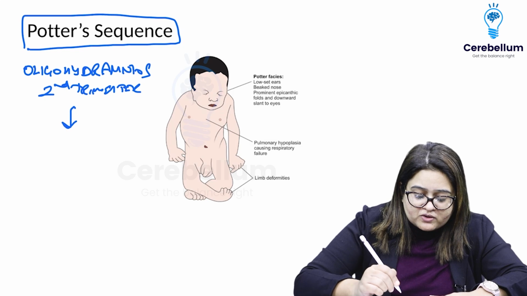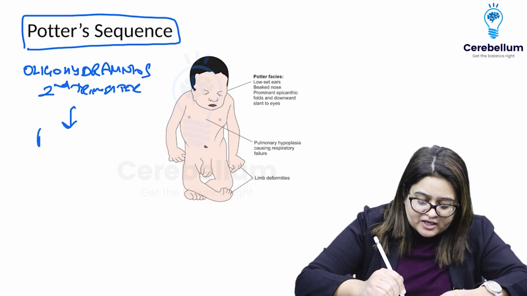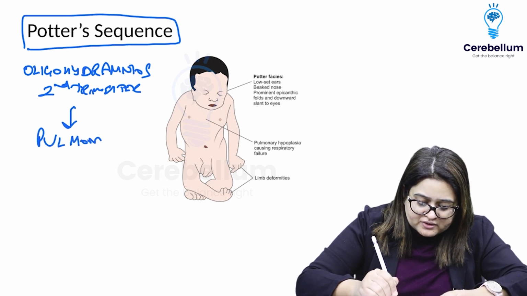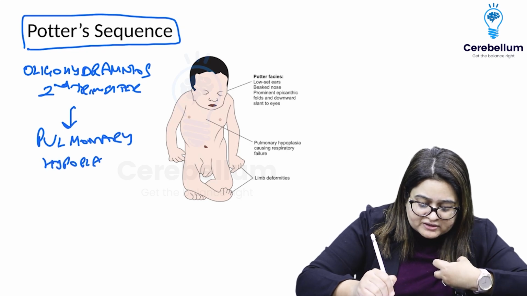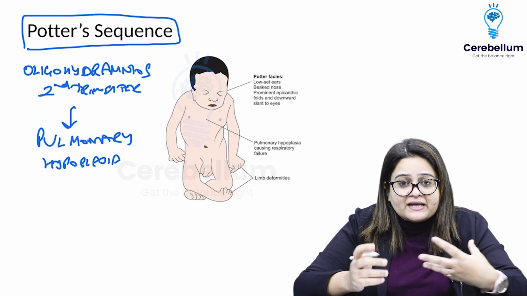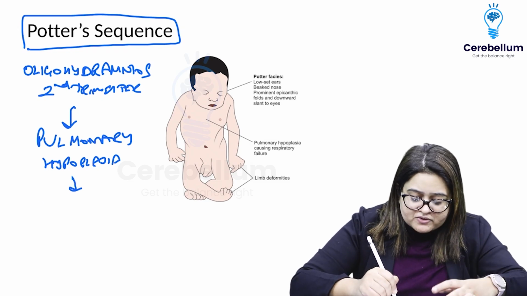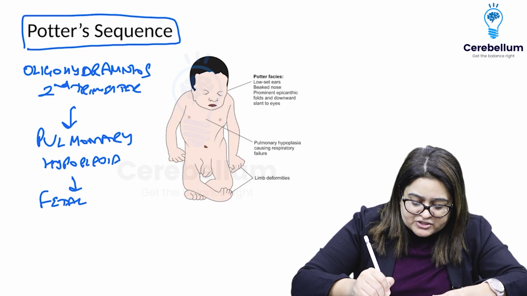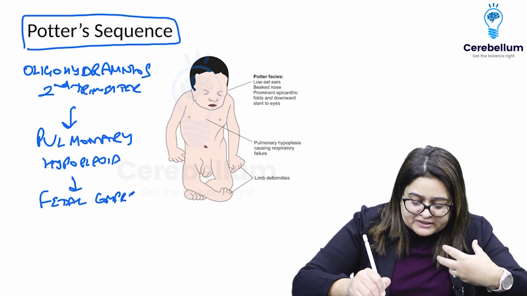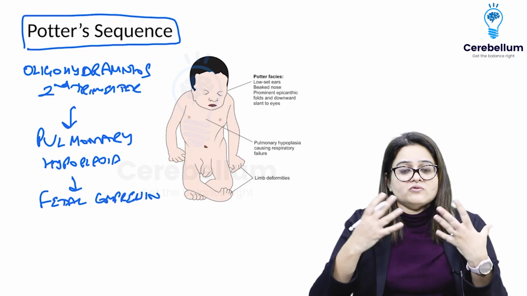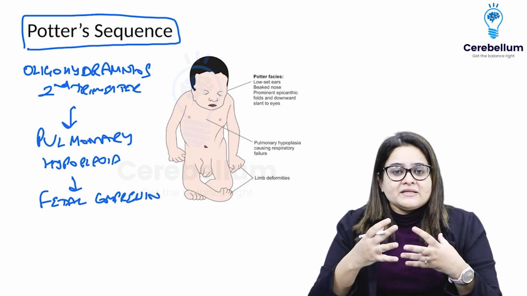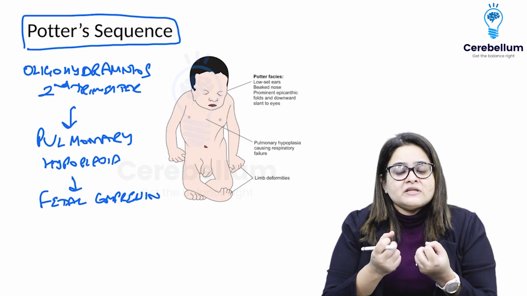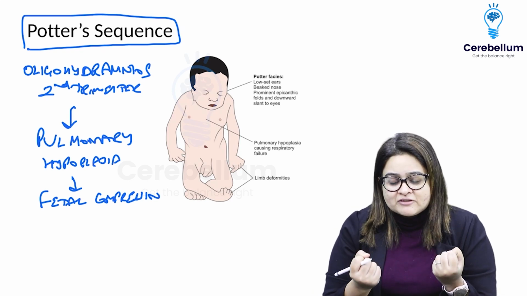Okay, what will this cause? It will cause pulmonary hypoplasia. So the lungs don't develop because there's no place inside for the lungs to expand, and because of the oligohydramnios, there is fetal compression. So imagine the baby inside the uterus with no protective cushioning of the liquor around it. So it's compressed directly by the uterus. So the limbs don't develop. There are limb defects.